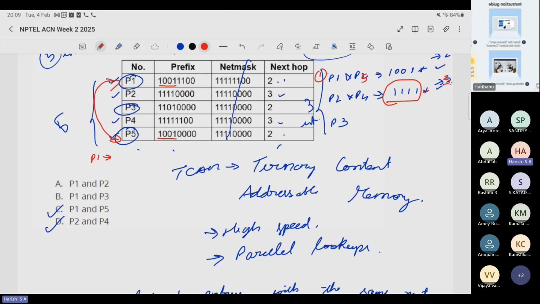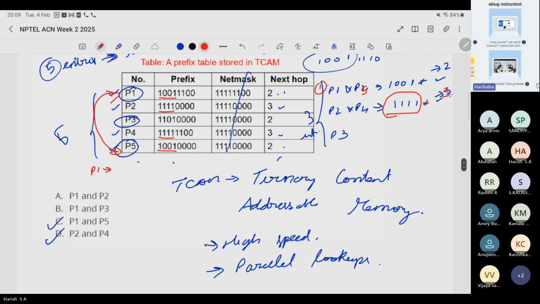Can you compare that? See, for P3 it's 1101, right? It's 1001. Correct. At the same time, for P2 and P4 the first 4 bits are common, the most significant bits. Exactly. But here we are selecting P1 and P5, and P2 and P4.